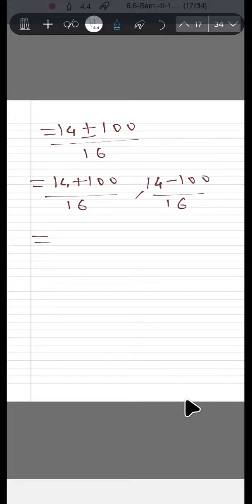Here you can observe that 144 divided by 16 and minus of 86 divided by, wait, I made one mistake here which is a major one.